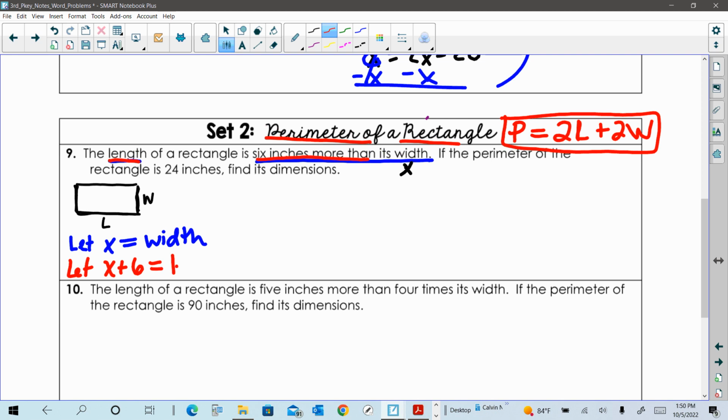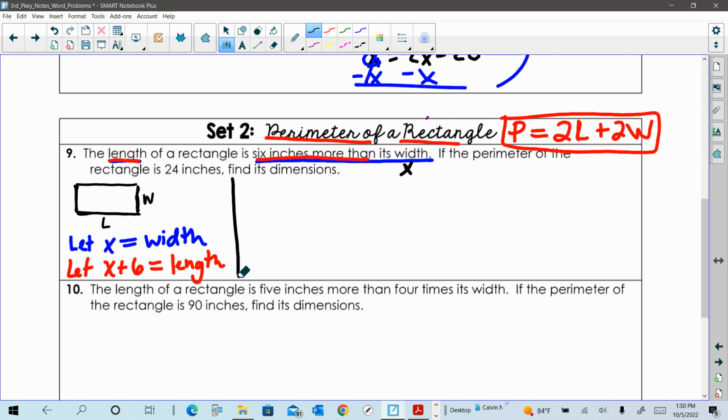This is going to represent the length. So you're still going to have to define your unknown, write your let statement as the first step, and then we're going to set up an equation and solve that equation.